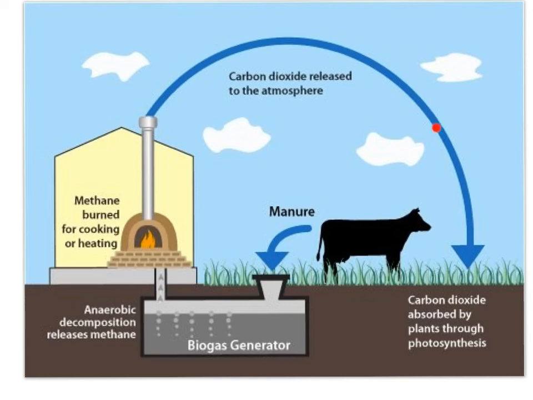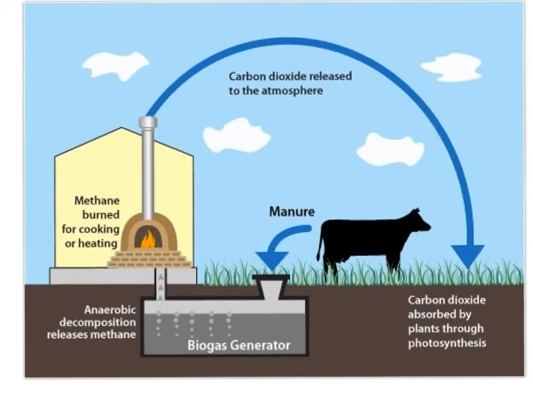Carbon dioxide is taken up by plants from the air through photosynthesis. Plants are eaten by the animal. Manure enters the fermentation tank as feedstock for anaerobic methanogens. The biogas is collected and used to generate electricity or heat. The carbon dioxide released from the combustion of methane returns to the atmosphere, where it is taken up by plants once again.